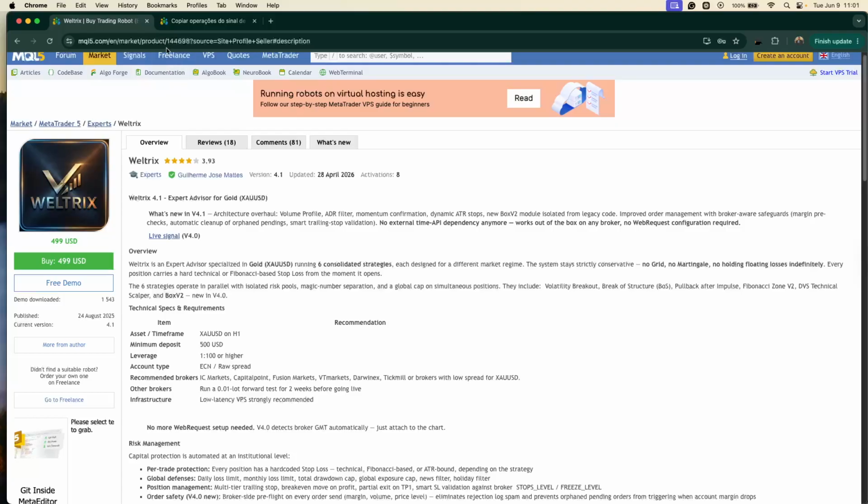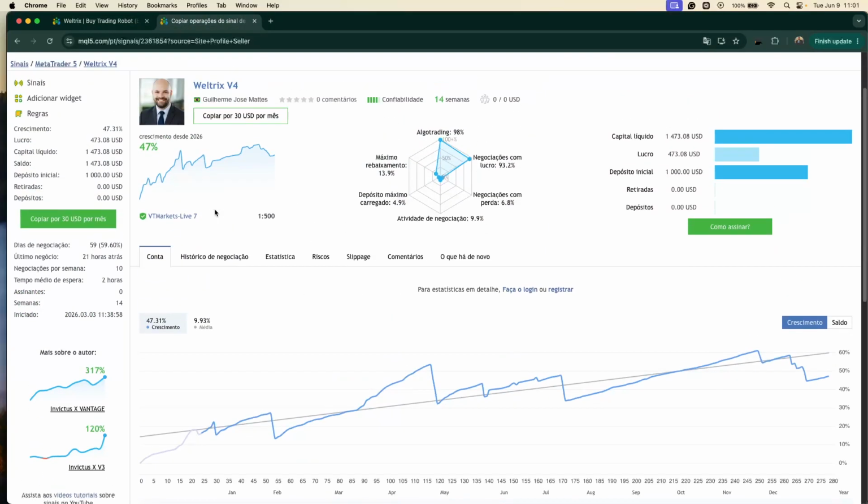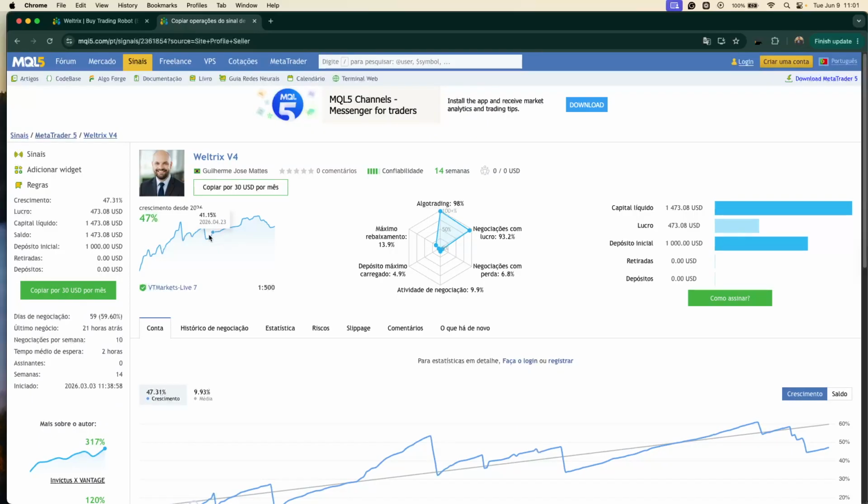The signal shows, they have a live signal, and it shows about 47% growth from a $1,000 deposit over 14 weeks. Started in March 2026, and we are in June. We have 47% growth ever since. It also has a 93% win rate.